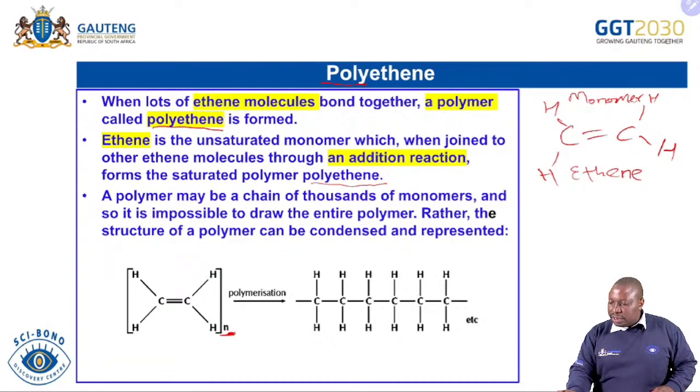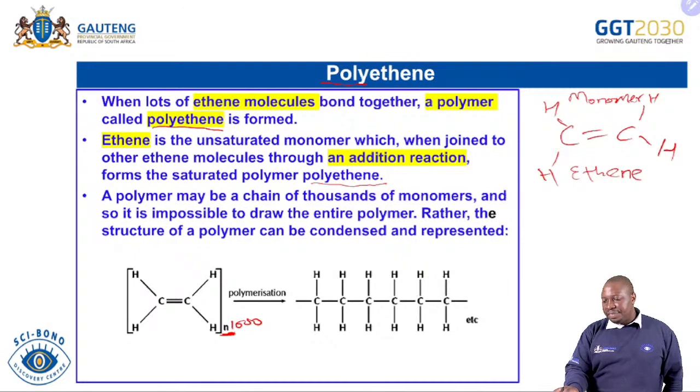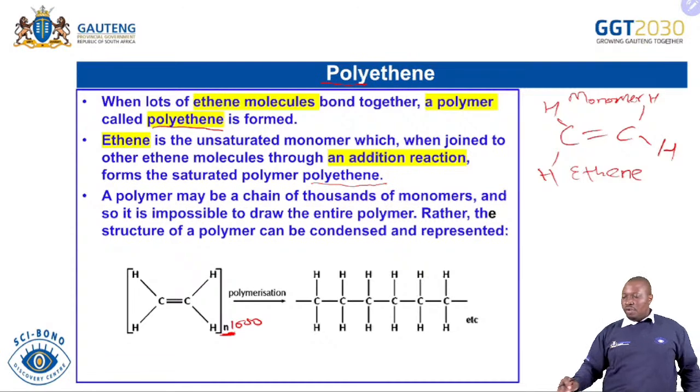The n stands for the number of monomers that we have. If we have 1,000 of them, n will be 1,000. So you will know that this polymer, polyethylene, has been formed by adding together 1,000 ethenes. The n shows the number of ethenes that we have.